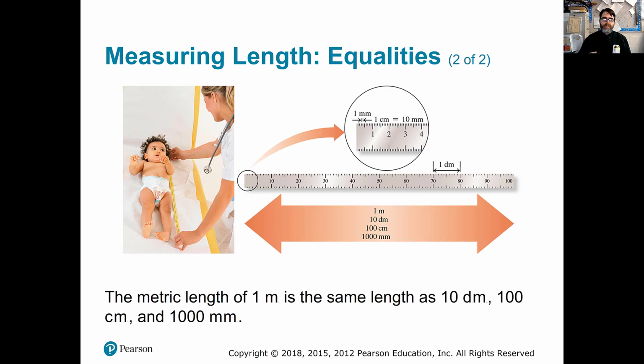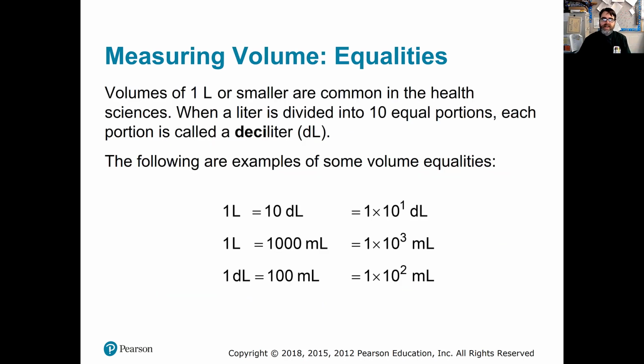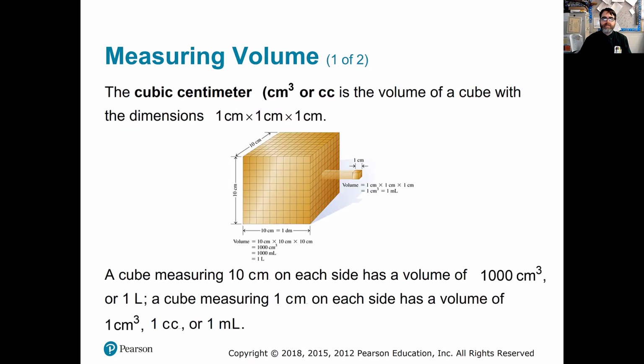Anyway, there are your length equalities where all of these are equal to one another, just as on the last slide. Here, the same thing for volume as well. I do want to point out that over here we get into distance volumes, and it does turn out that we can write this as centimeters cubed or cc's for a cube that is 1 centimeter by 1 centimeter by 1 centimeter, which is one of these tiny cubes they have here in the bigger one.